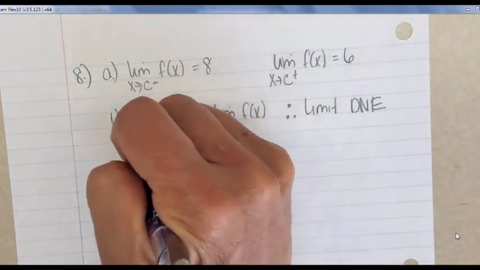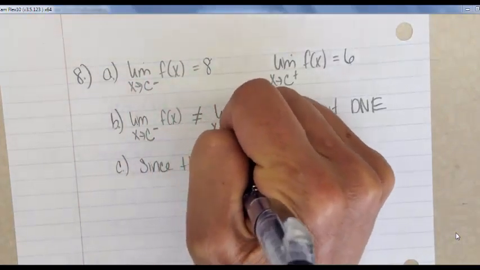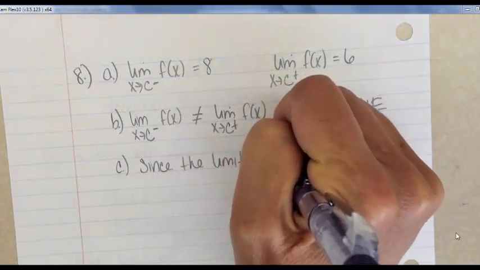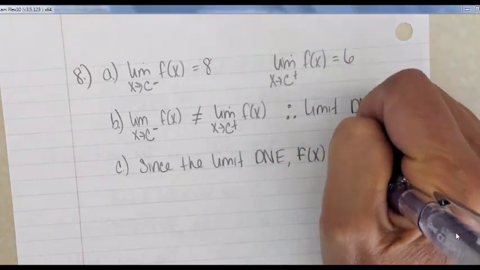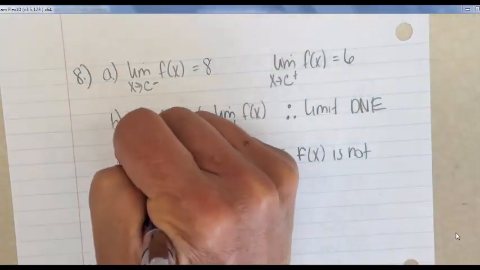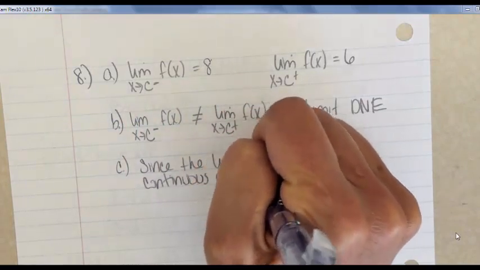So I'll say something like, since the limit does not exist, f of x is not continuous at x equals C.